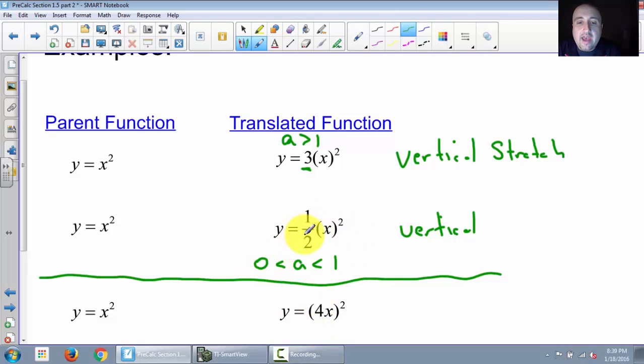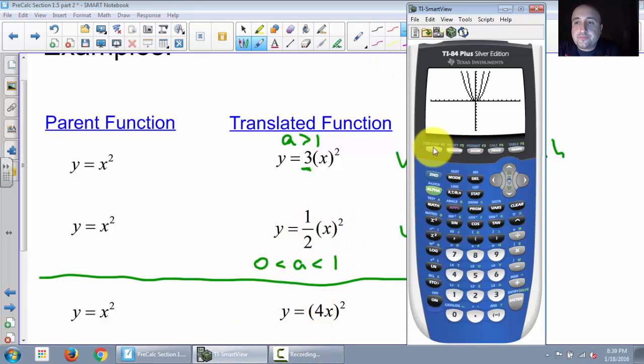So we're going to do 1/2 times x squared. So instead of 3, let's do 0.5 x squared. So let's see what this does. So here's our parabola, and what it's doing is, imagine taking a basketball and we're depressing the basketball like this.